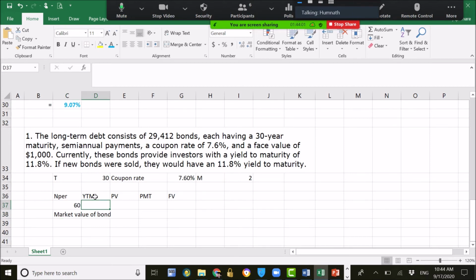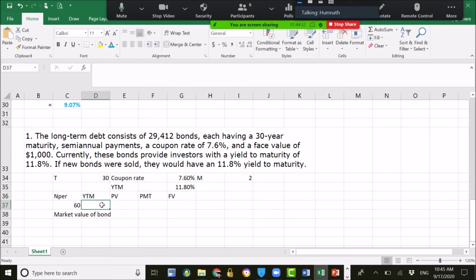What is the yield to maturity? So 11.8%.